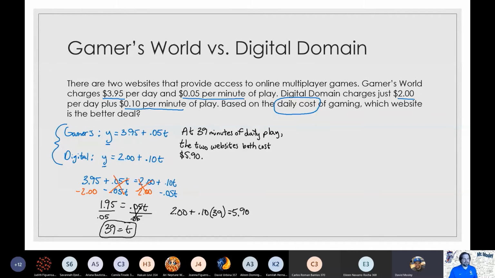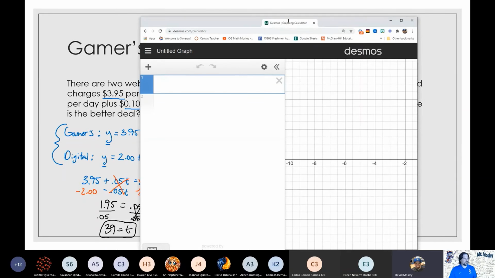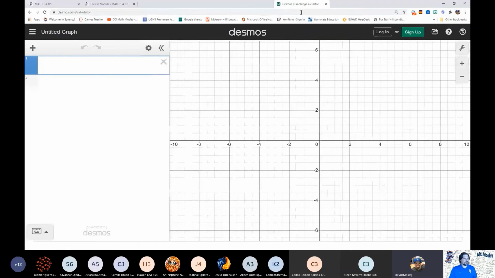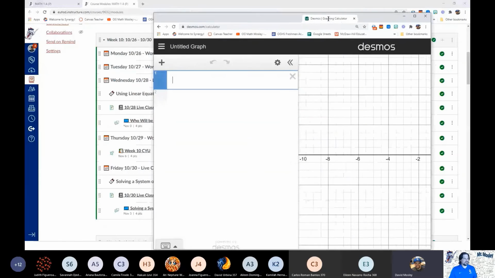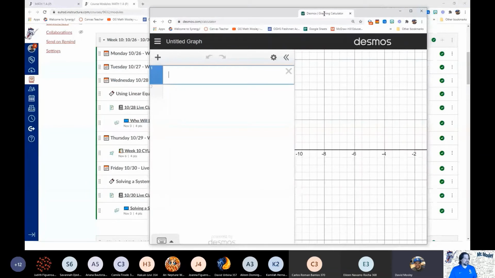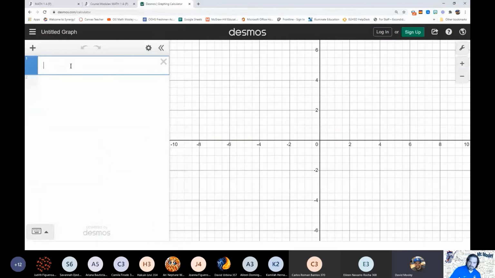So at this point, we're going to look at our graph. I'm going to pull up Desmos here. I don't want it that big. Fine. So we pull up Desmos here.